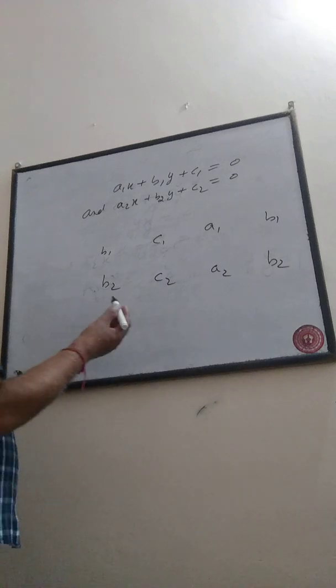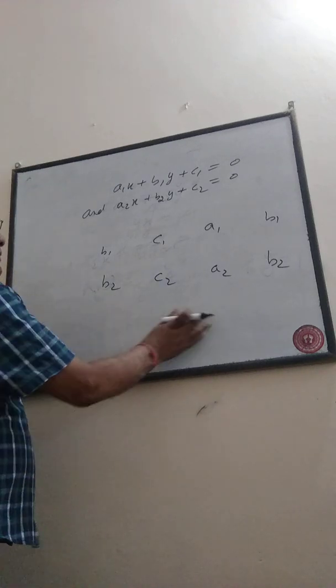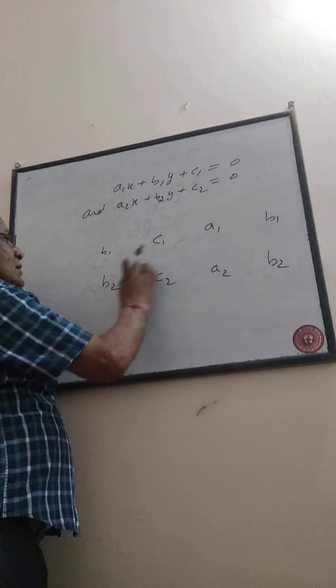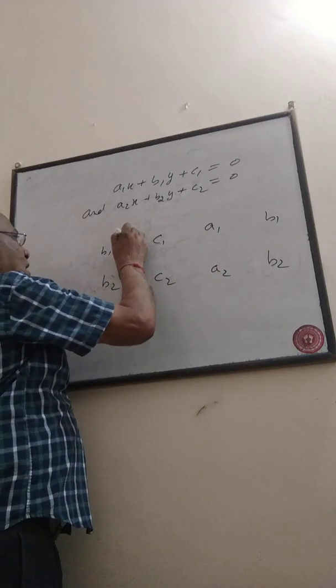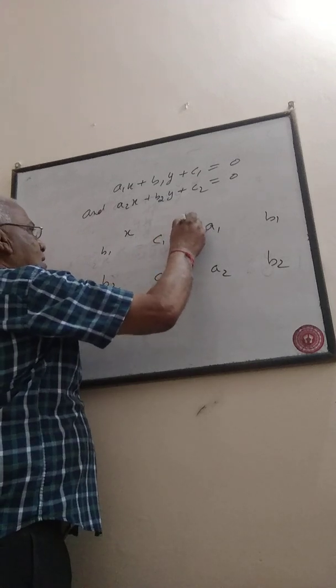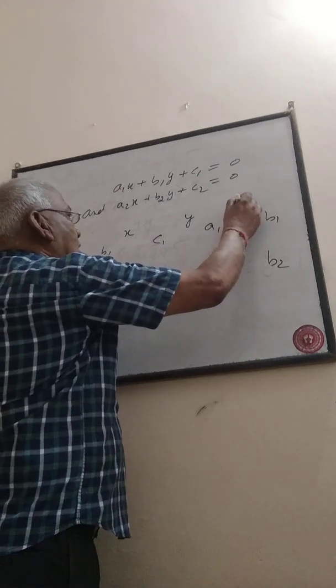In this way you will get three gaps, 1, 2, 3. In the first gap you write x, in the second you write y, in the third you write 1.